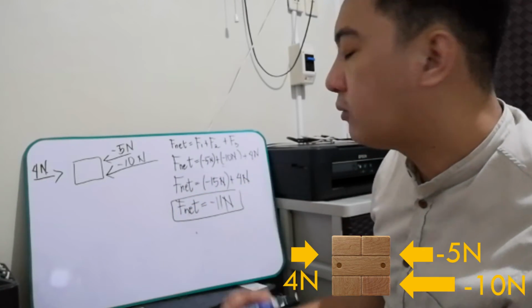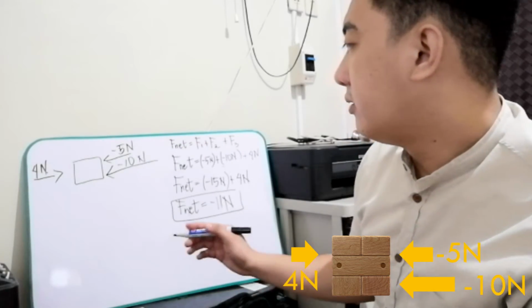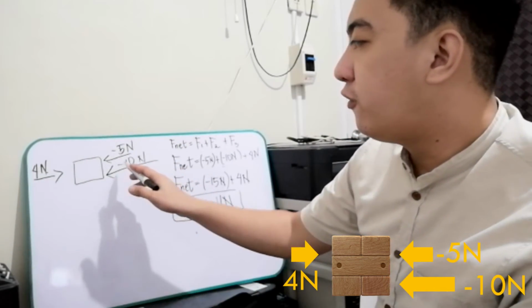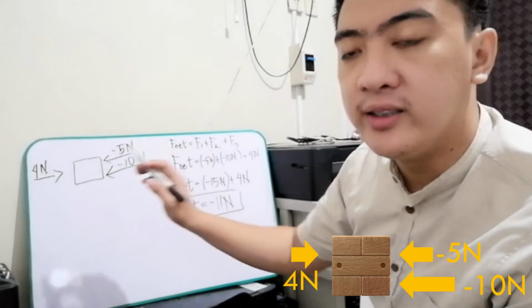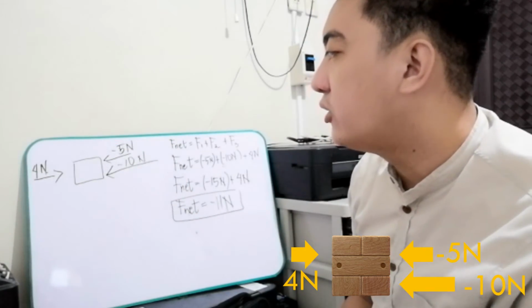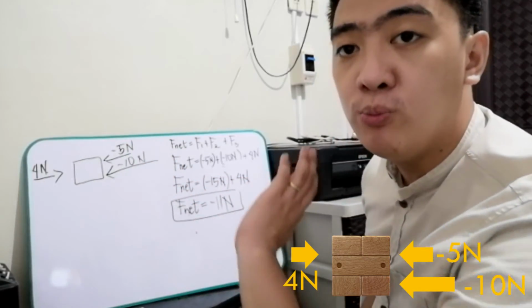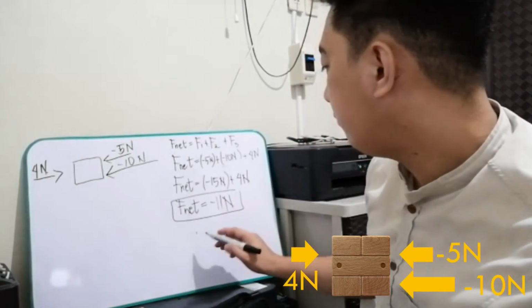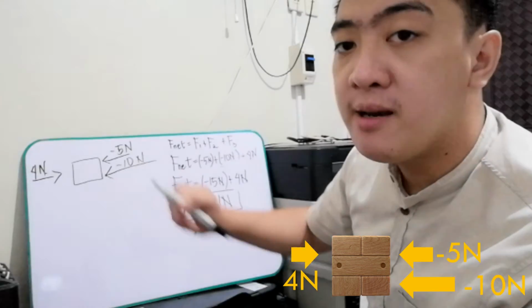So the net force is equal to negative 11 newtons. So therefore, if these 3 forces act on this object at the same time, it will move in the direction of these 2 forces, or it will move to the left. So therefore, the object is unbalanced.